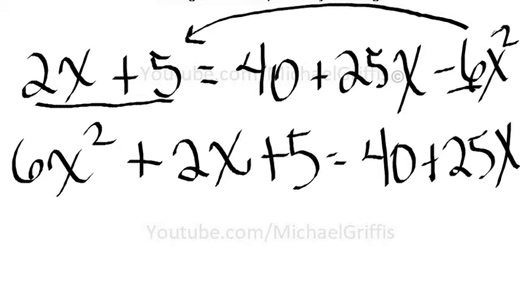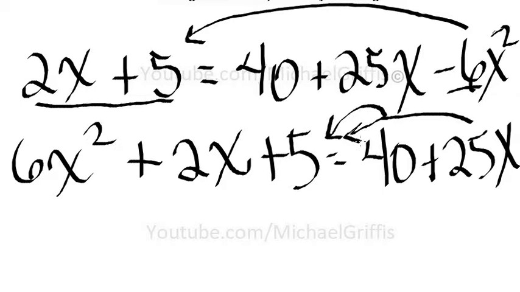Well, on the left-hand side of the equal sign, we can't collect up any like terms. All the terms are different, but what we can do, and let's do this all in one fell swoop, is subtract 40 from both sides, in other words take the 40 over, and also take that 25x over. So we're subtracting 40 from both sides and subtracting 25x from both sides, but I'm not writing out all those steps.